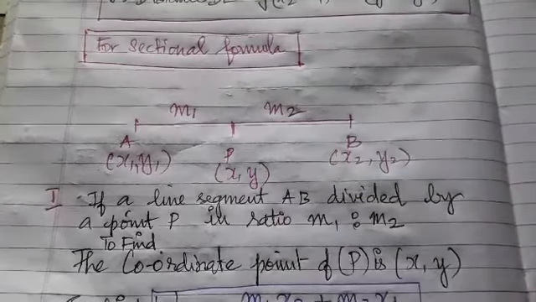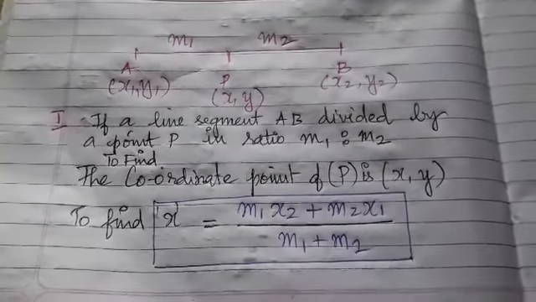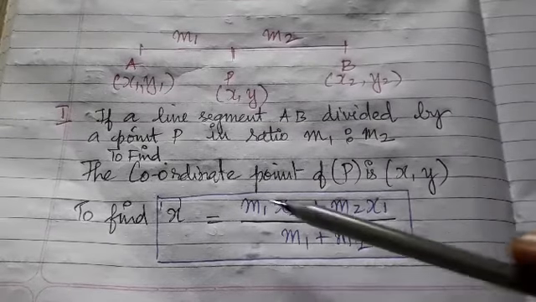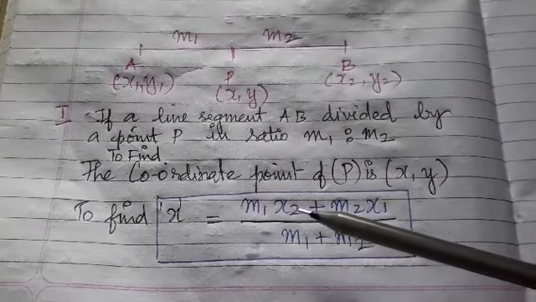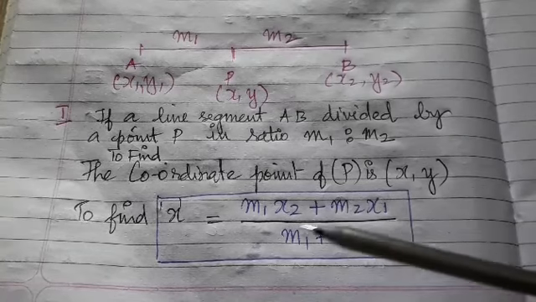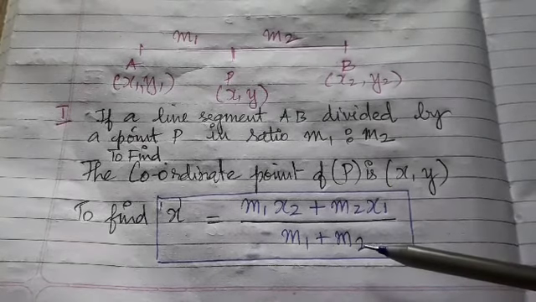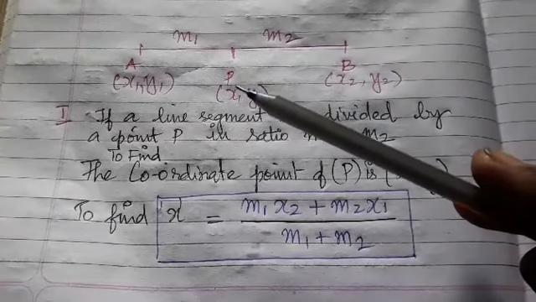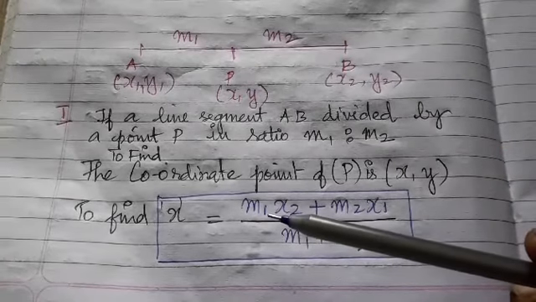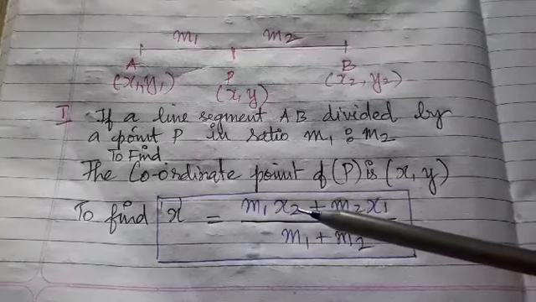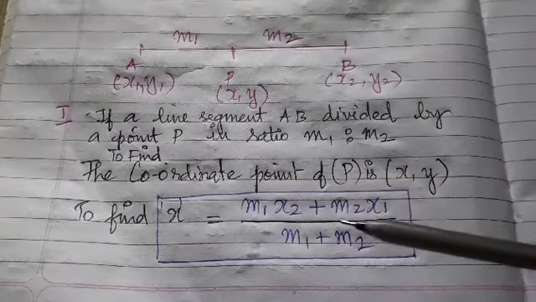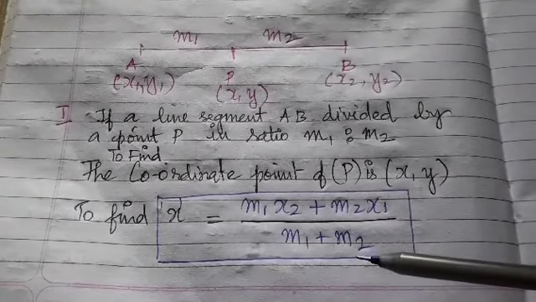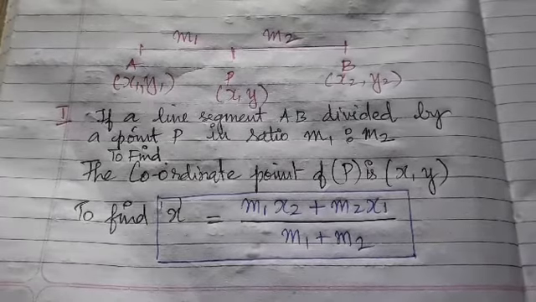How will you find the X coordinate? You see the formula for the x coordinate: x equals (m1 x2 plus m2 x1) upon (m1 plus m2). We have to find the x coordinate of P using this formula. This is called the sectional formula. Same thing for y.